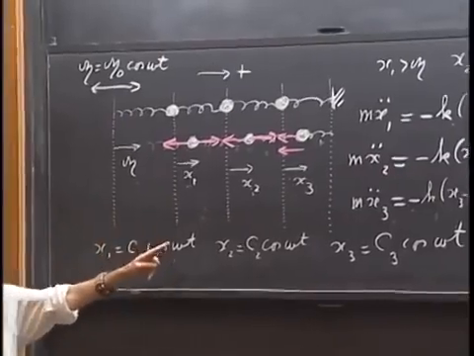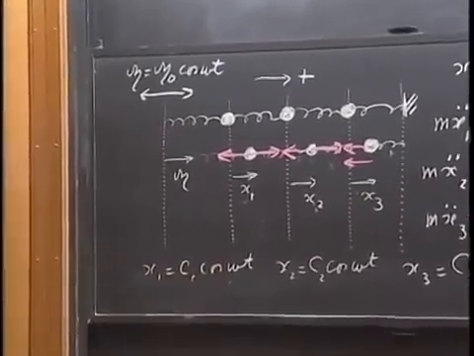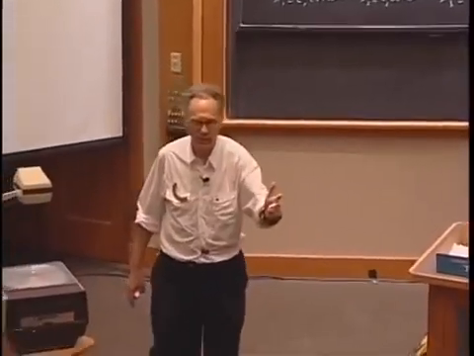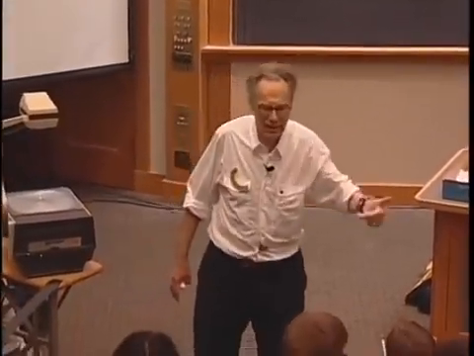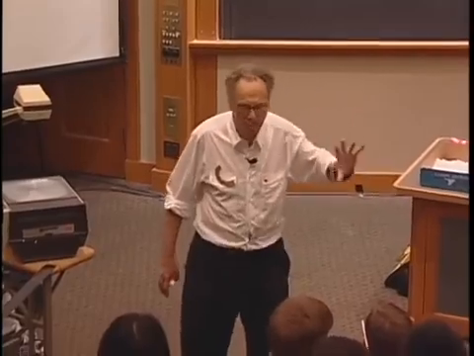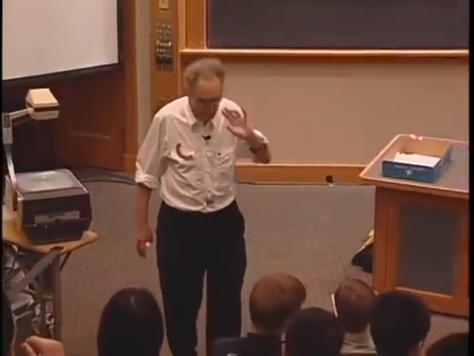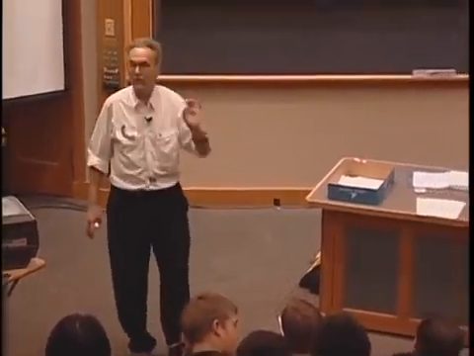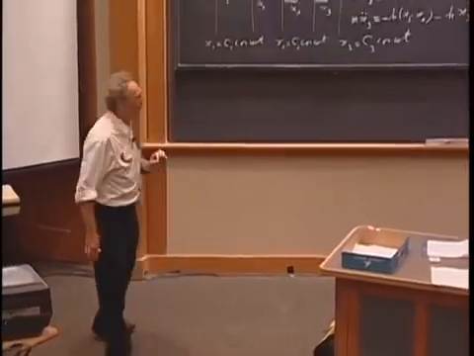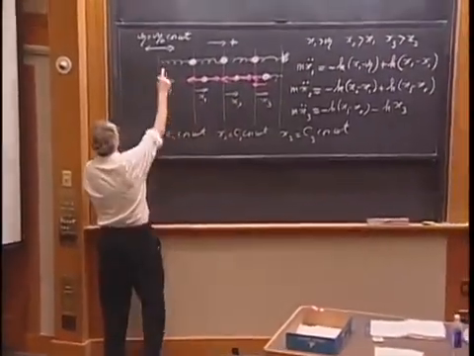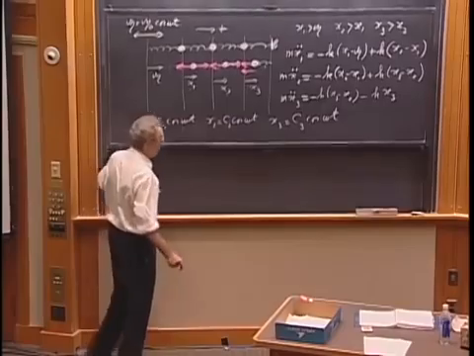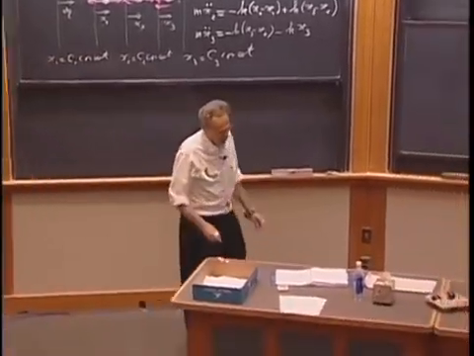You're going to get 3 equations with 3 unknowns, C1, C2, C3. You don't have to settle for only calculating the ratios of the amplitudes. No, you're going to get a real answer for C1, for C2, and for C3, which of course will depend on eta 0. Sure, but you know eta 0.